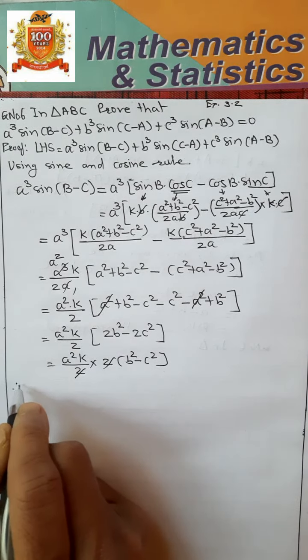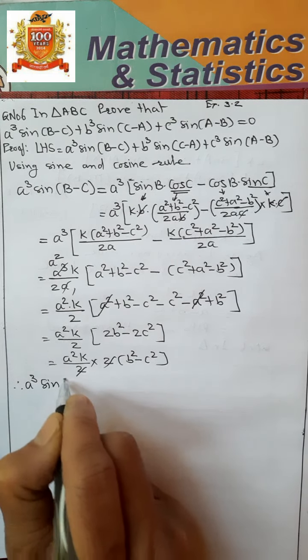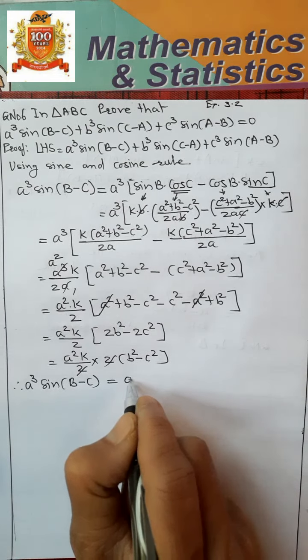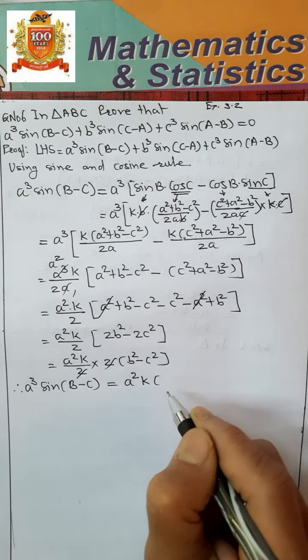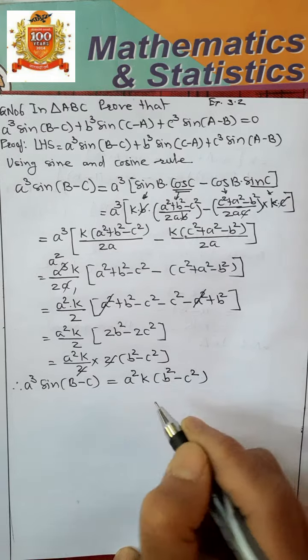Therefore, a cube sine (b minus c) is equal to a square k into bracket (b square minus c square).